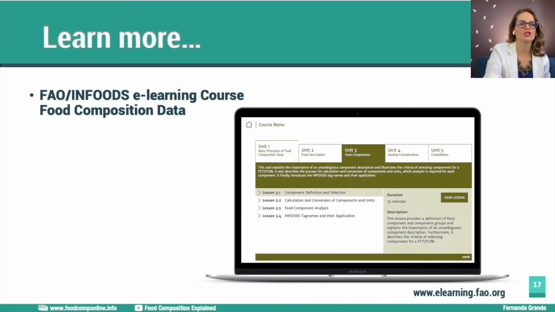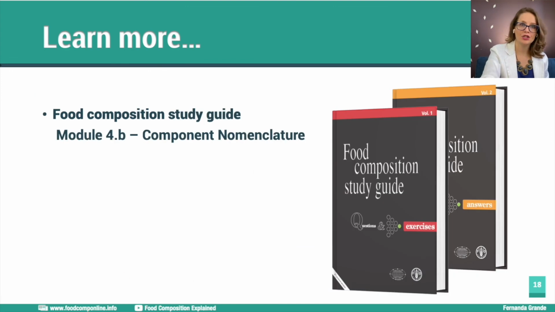And if you want to learn more about tag names, you can also go to the FAO INFOODS eLearn course in food composition data, and you can check the Unit 3, which covers the component identification. In addition to the e-learning, you can also check the food composition study guide in the module 4B, which brings the component nomenclature.